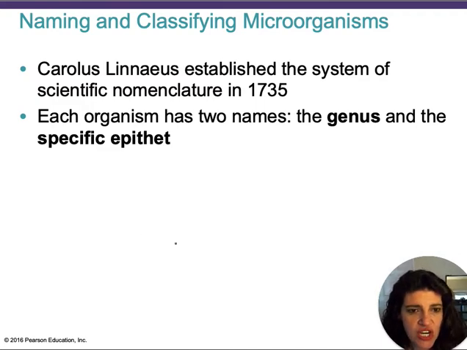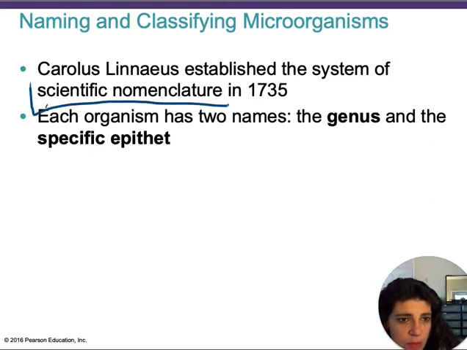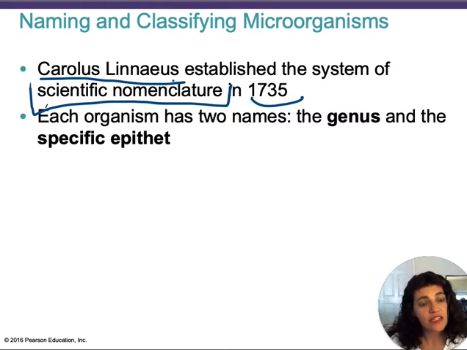So let's start by talking about how we define and how we name these microbes. We're talking now about scientific nomenclature, okay? This was established in 1739 by a scientist called Carolus Linnaeus, and he defined this binomial nomenclature for microbes as if they have a first name and a last name.